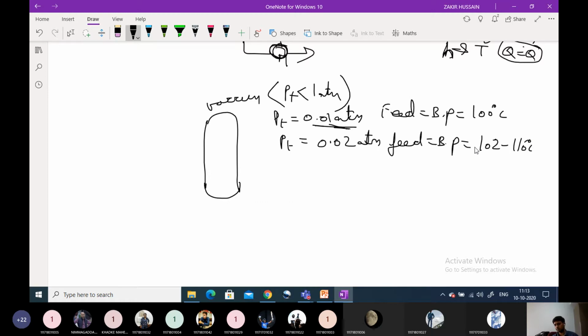I'm writing this just roughly. So the feed boiling point will be elevated. This is called boiling point elevation, without considering that your vacuum has been reduced inside the column. If you operate your column at 100 degrees centigrade and a total pressure of 0.01 atma, what will happen?